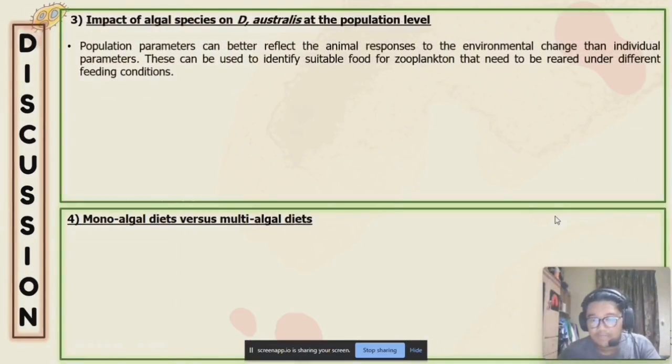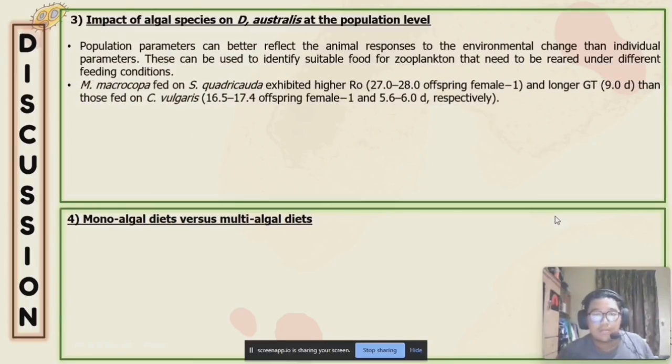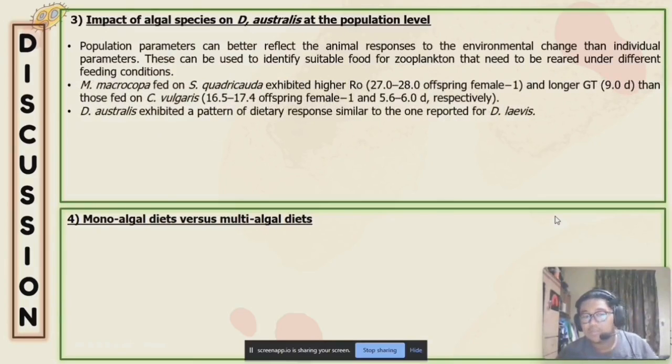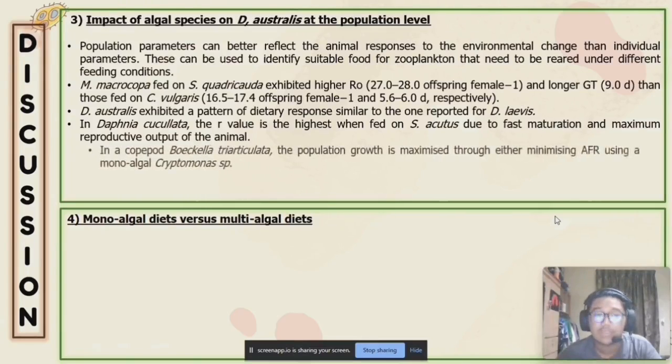Population parameters can better reflect animal responses to environmental change than individual parameters. D. australis exhibits a pattern of dietary response similar to the one reported for D. levis. In Daphnia, the r value is highest when fed on C. acutus due to fast maturation and maximum reproductive output of the animal.